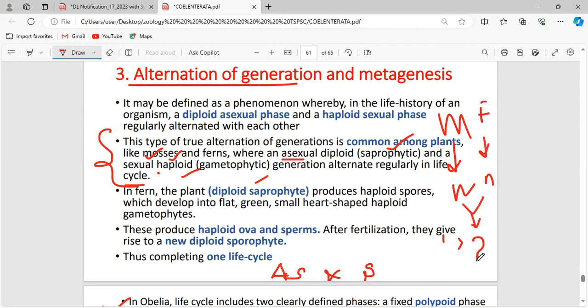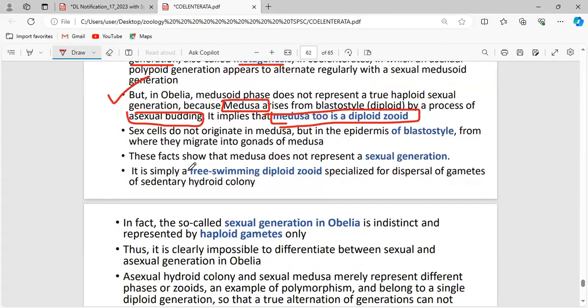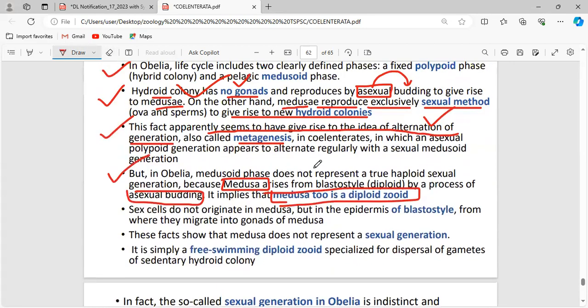As a result of fertilization, they give rise to a zygote. Only the zygote is diploid, 2n, in nature, while the gametes are haploid. But in the case of the medusa, as it is the result of asexual budding, it is also a diploid zooid.